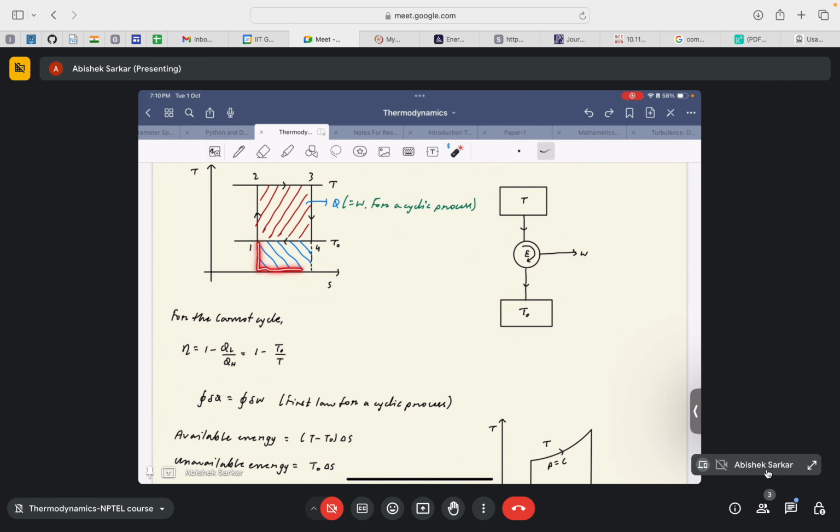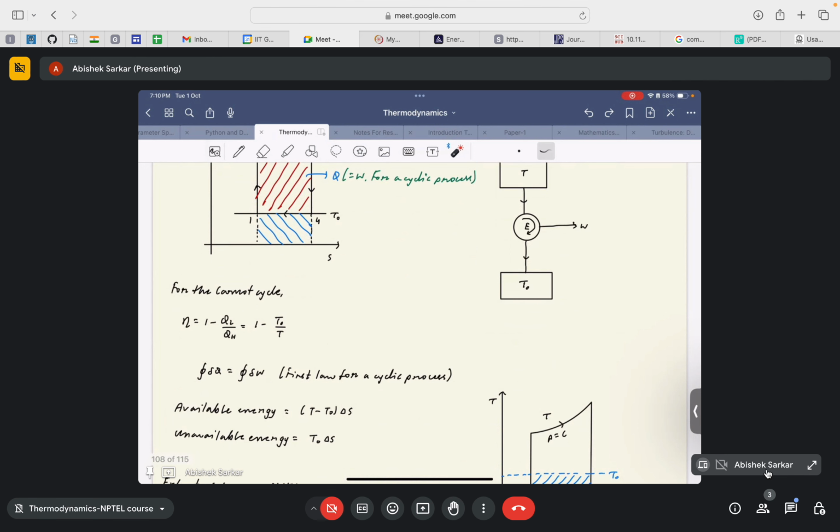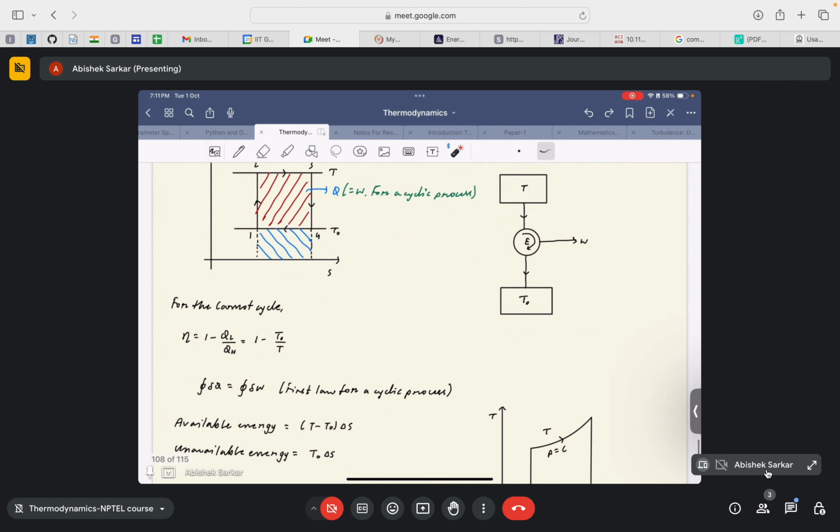This blue dashed area within the TS diagram for the Carnot cycle basically represents the net unavailable energy. This is the limitation, the energy that we are losing during the operation of the cycle. But this is something that we cannot control, because this is the lowest possible temperature that we have in our hand, and if this temperature goes up, this unavailable energy will also go up. That's why this is the unavailable energy that we just cannot ever achieve.